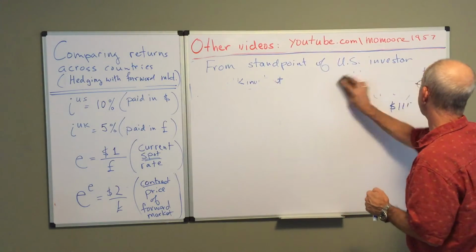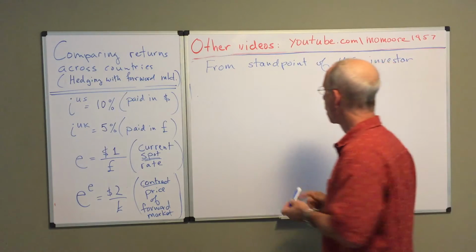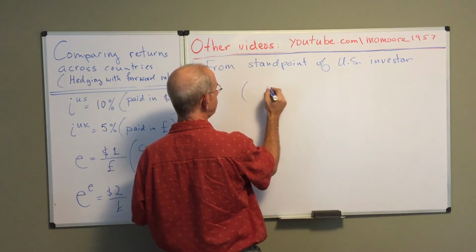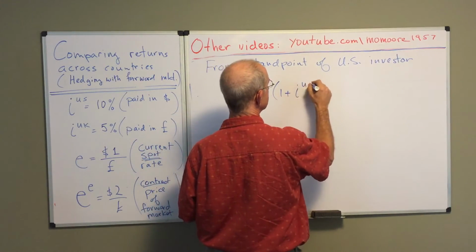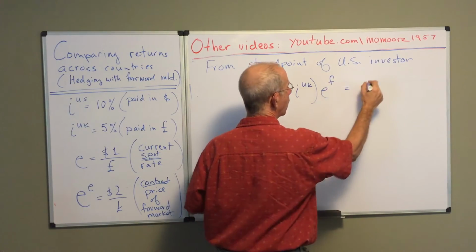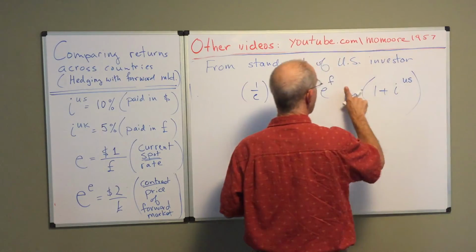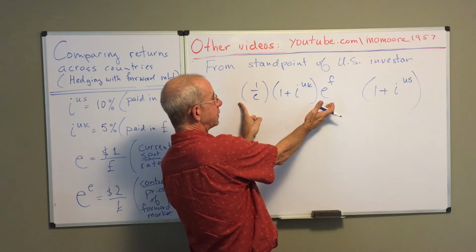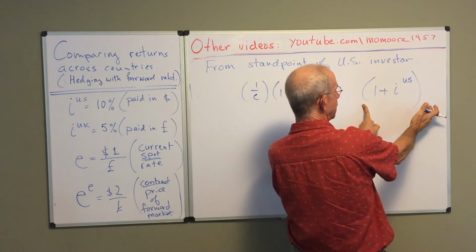And as we did before in the other video, we can write this. This is the investment in the UK using the forward market. This is the investment in the US.